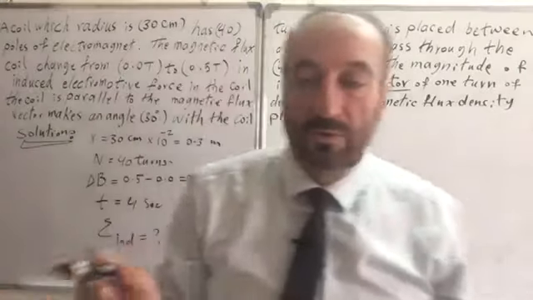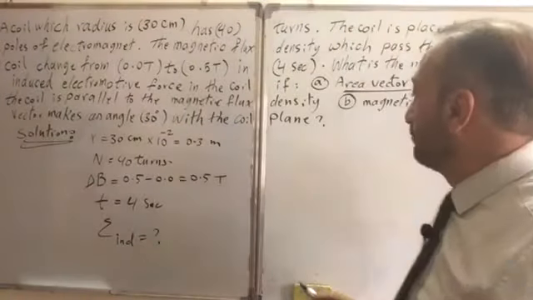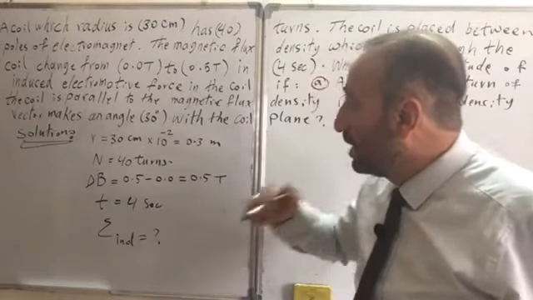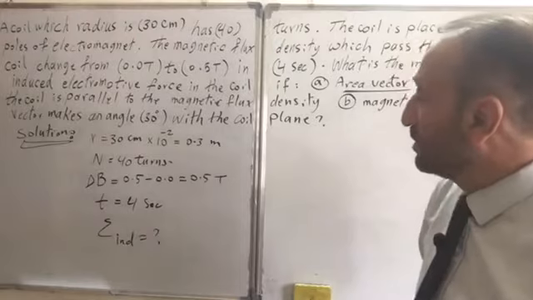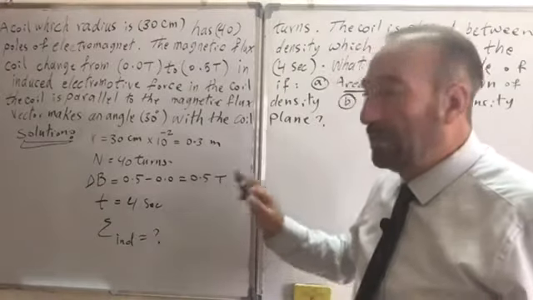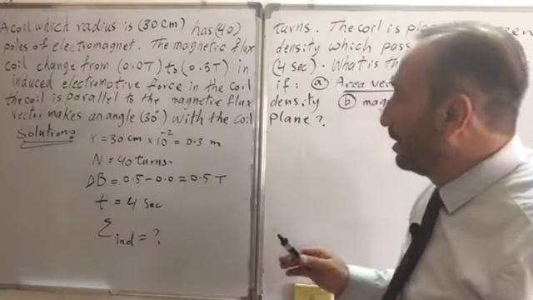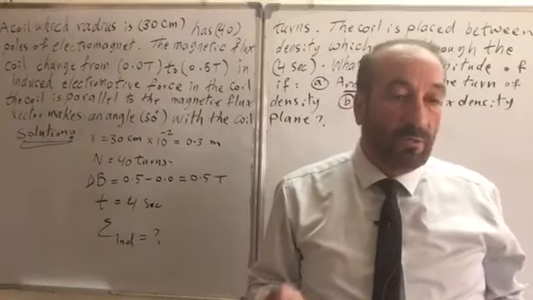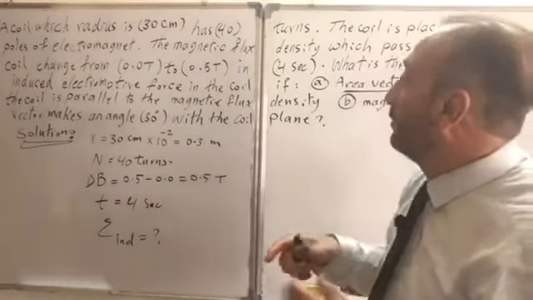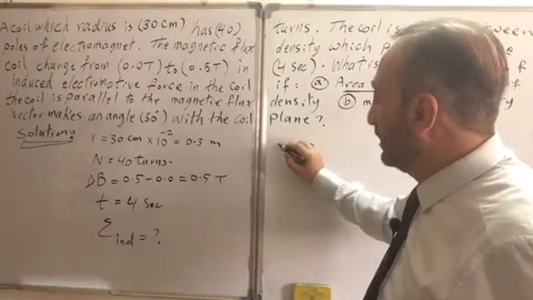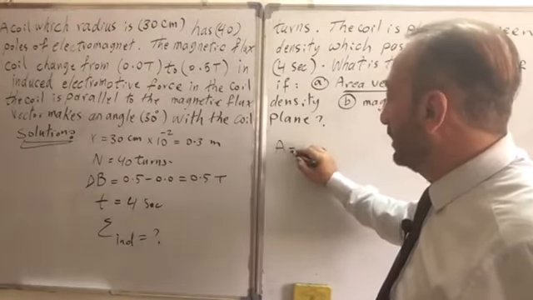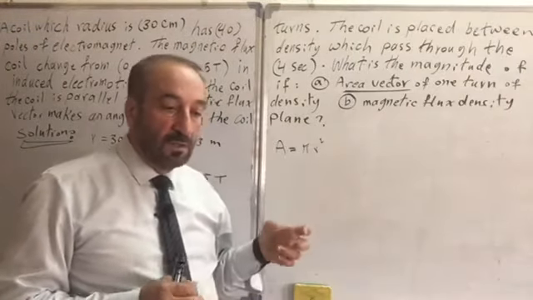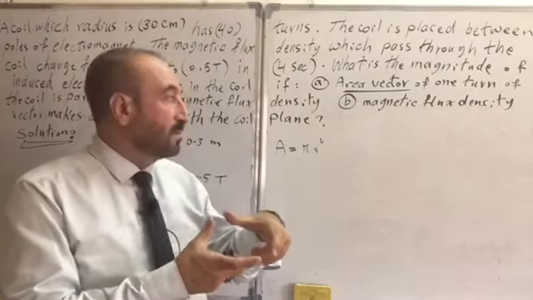Now let us begin to solve this problem. To find E induced, we should first find the magnitude of delta phi. To find delta phi, we should find out the area of the coil. Therefore, we say A equals pi r squared, a circle, because the coil is a circle.